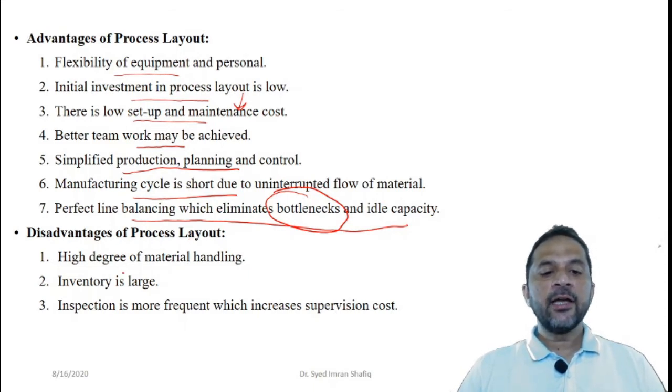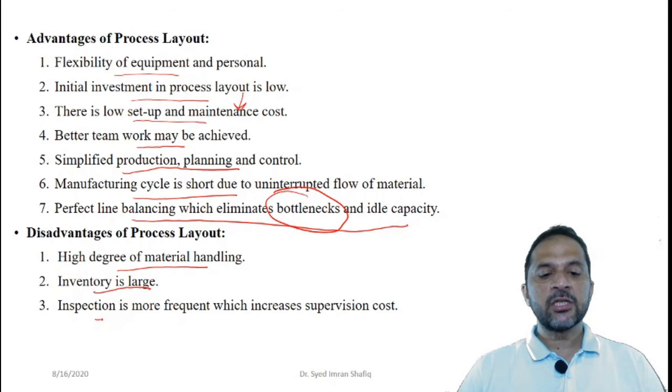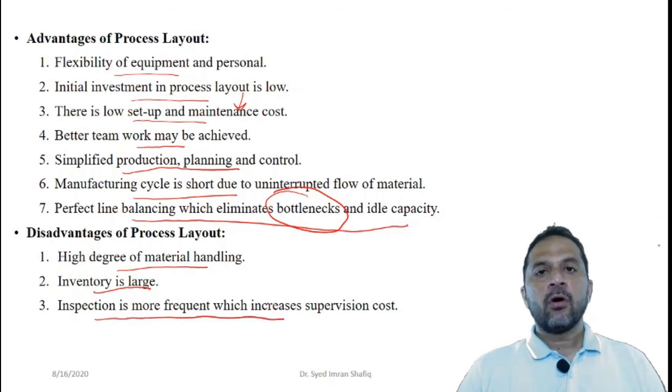There is a high degree of material handling, because all of the products are manufactured in a combined manner. That is why material handling is high. That is why inventory is large and inspection is more frequent, which increases the cost of supervision. So these are certain disadvantages of process layout.